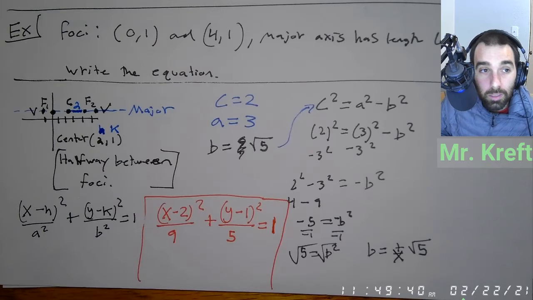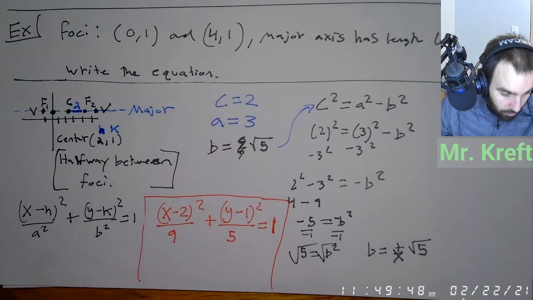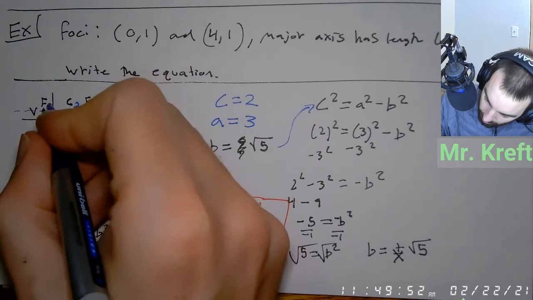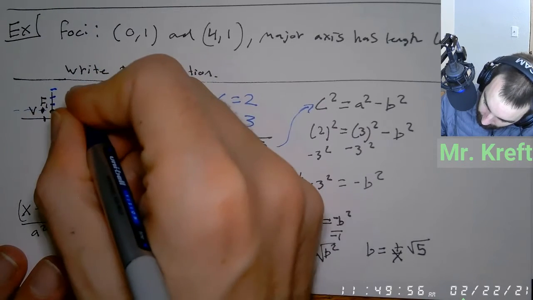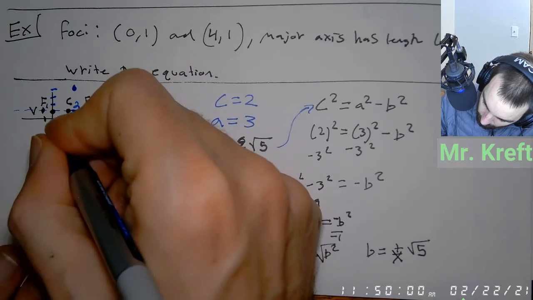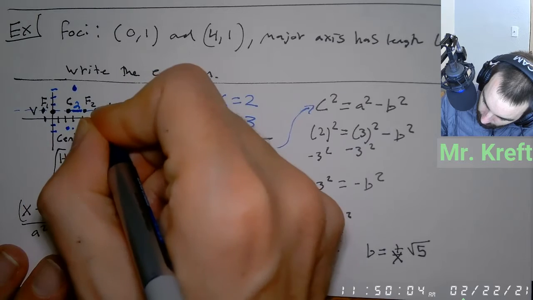Okay, so we want to be able to find our center. We want to be able to find C, A, and B. And if I did this, what's square root of 5? Square root of 5 is like a little bit more than 2. So I'd go up 1, 2, 3. So then right here, a little bit less. 1, 2, 3, so a little less.